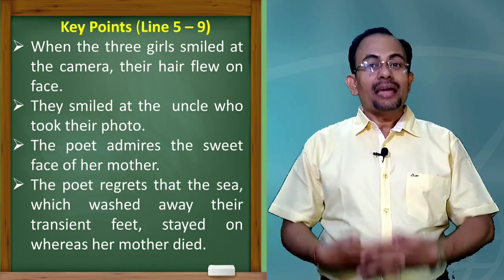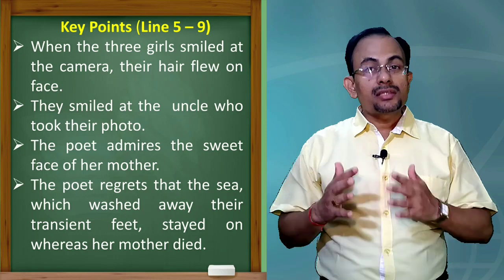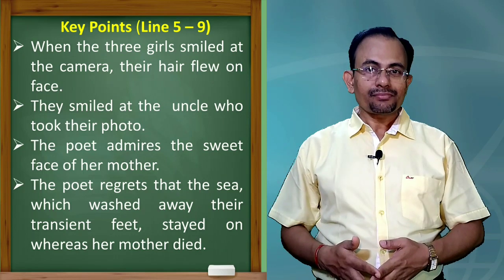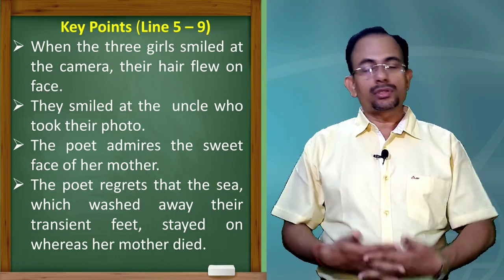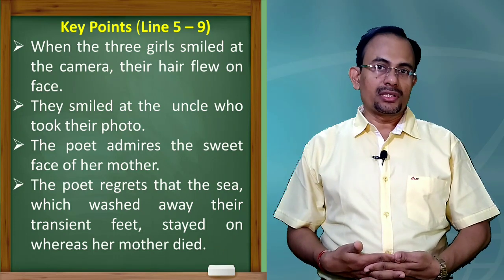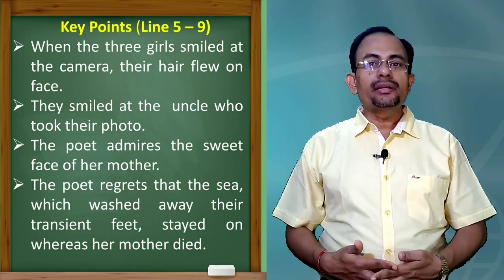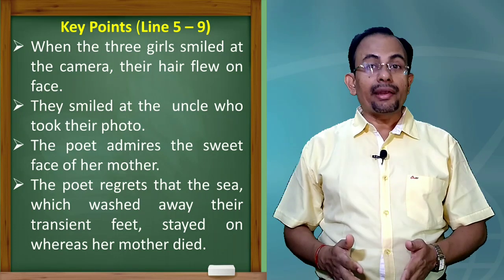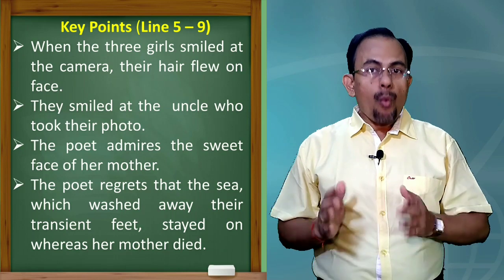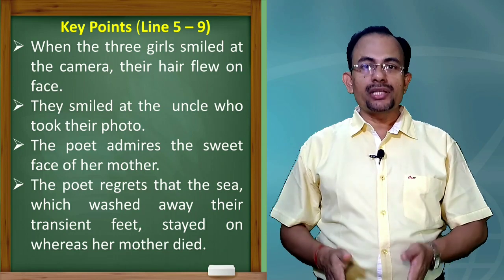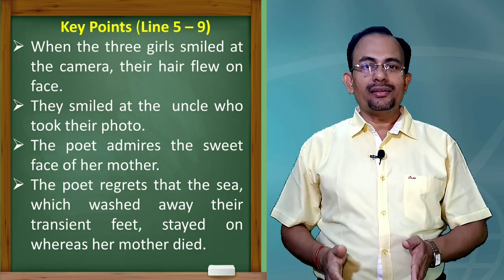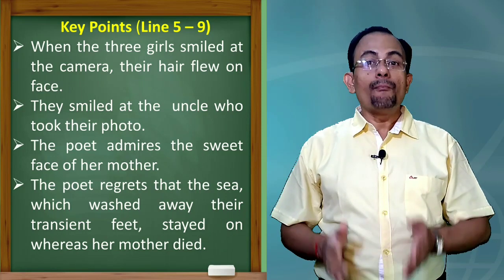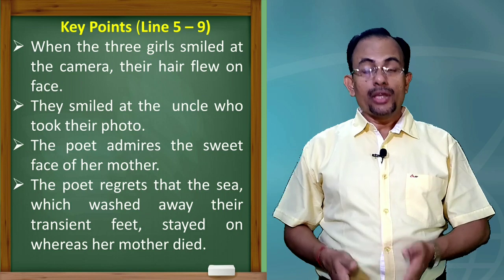The poet admires the sweet and tender face of her mother during her youthful days, which is, of course, visible in the photograph itself. The poet regrets that the sea, which is a part of perennial nature, washed away their transient fate. Here, by transient fate, the poet indicates the mortality of human beings.